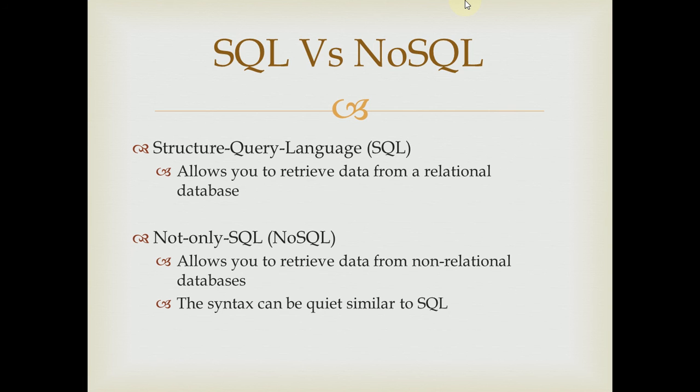Non-relational databases solve different types of problems. As we looked at, relational databases solve problems when it comes to storing or retrieving transactional data. Non-relational databases solve problems of storing and retrieving data that has no structure.